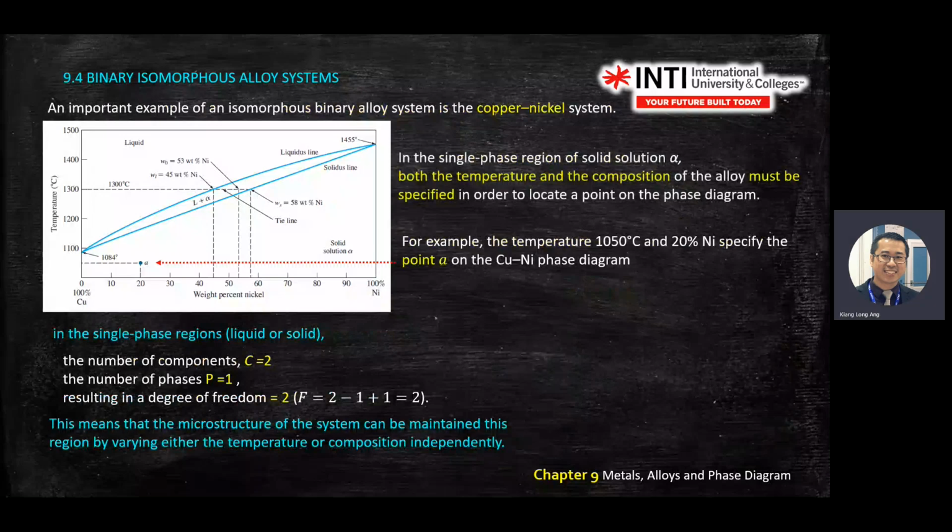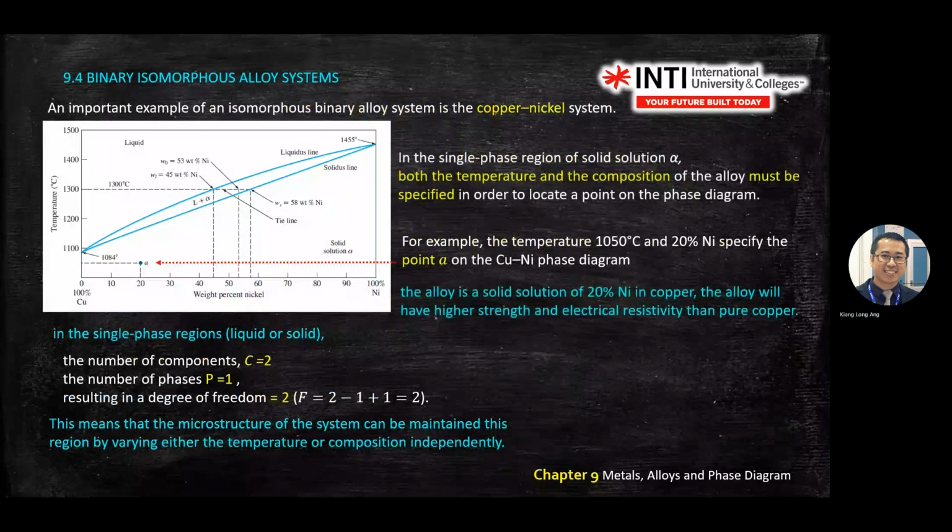So point A is about 1050 Celsius. At this point is 20% nickel. This is an alloy. So at this point, you will have 20% nickel and 80% copper.